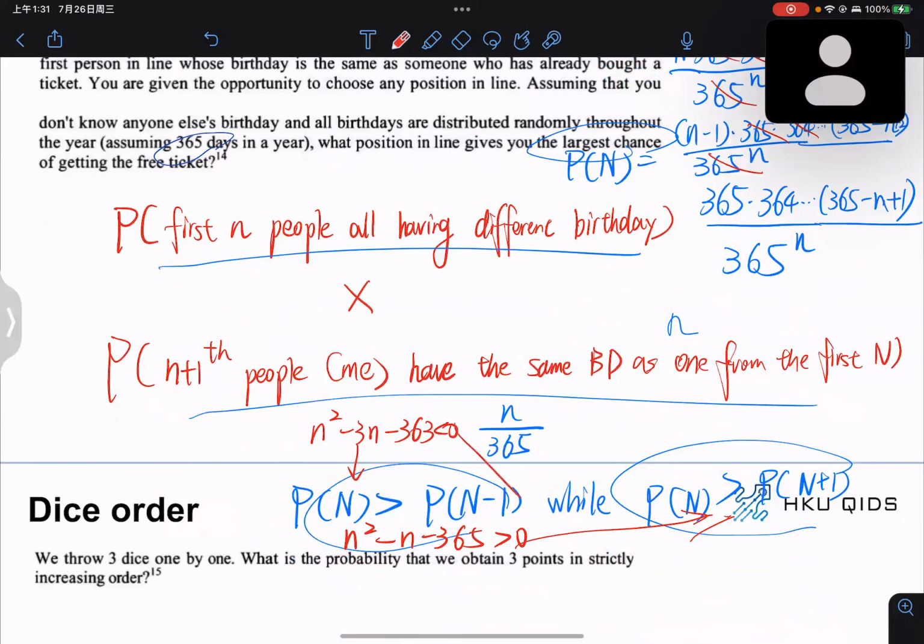Combining these two, n should be 20, and I should be the 20th person in the line.